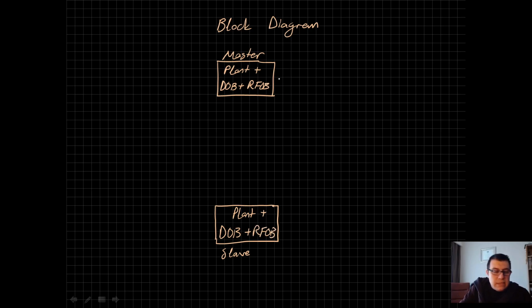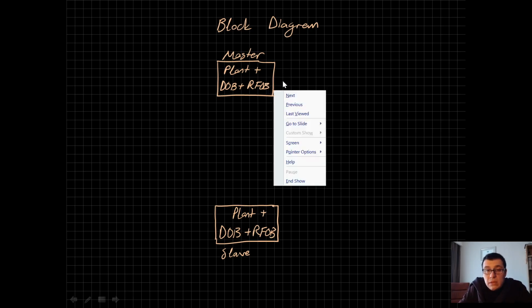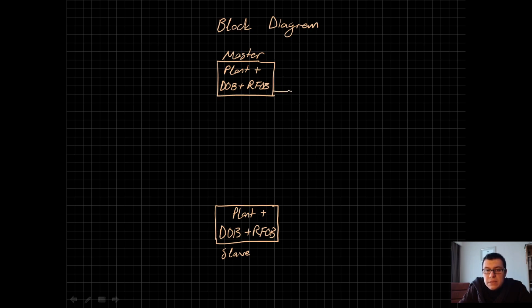So these plants can give us measurements in, let me write here, X master, right? So that one is X slave. We can write here X slave dot, and here X master dot.